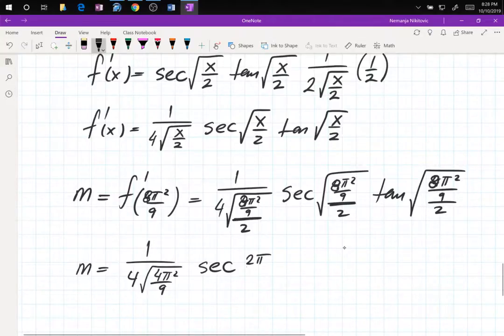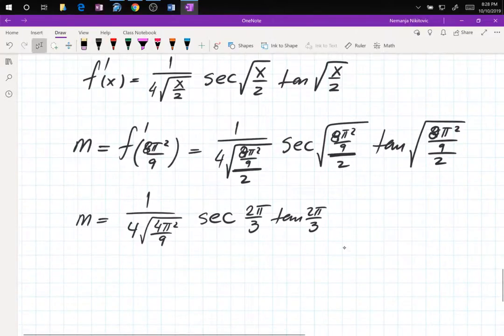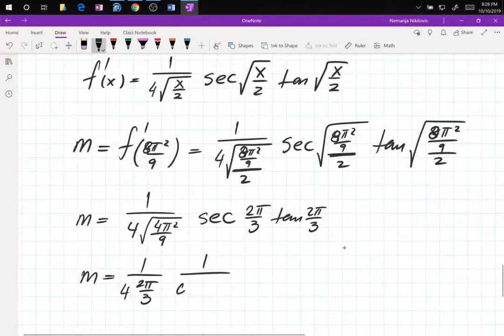So I have 2 pi over 3, tangent 2 pi over 3, and those are some easy angles to deal with. So the slope is 1 over 4 times 2 pi over 3. Secant is 1 over cosine, so that's 1 over cosine of 2 pi over 3, and we have tangent of 2 pi over 3.